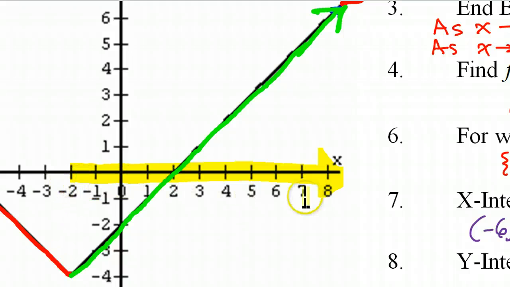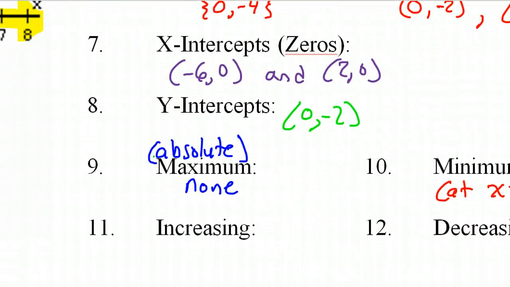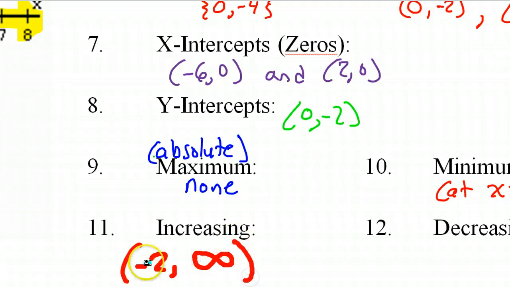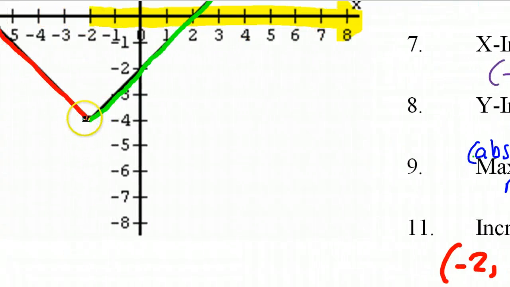These are x values, so write that down. The increasing interval is from -2 to infinity. We'll use a round parenthesis because right at -2, it's neither increasing nor decreasing. It's right in the middle.